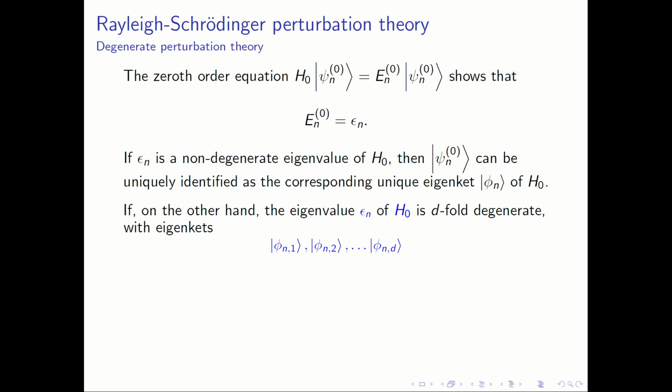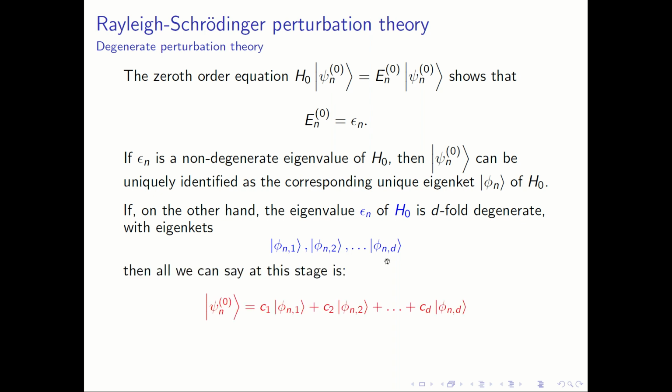Well, all you can say about psi n 0 at this stage is that it is an eigenket of H 0 belonging to the eigenvalue epsilon n, which means it could be any one of these d, and not only that, it could be any linear combination of these d eigenkets. So, all that we can say at this stage is psi n 0 is some linear combination, with C1, C2 up to CD as coefficients, of phi n1, phi n2 up to phi nd.